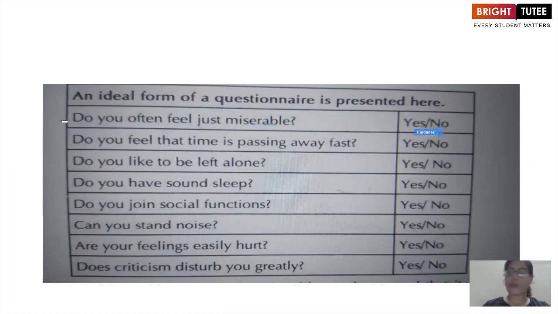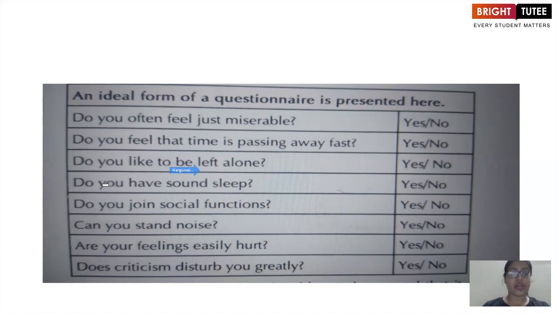So let's take up one by one the various items given in this particular questionnaire. First question is, do you often feel just miserable? The subject is expected to respond as a yes or no. Second question is, do you feel that time is passing away fast? He has to respond as either yes or no. Third is, do you like to be left alone?